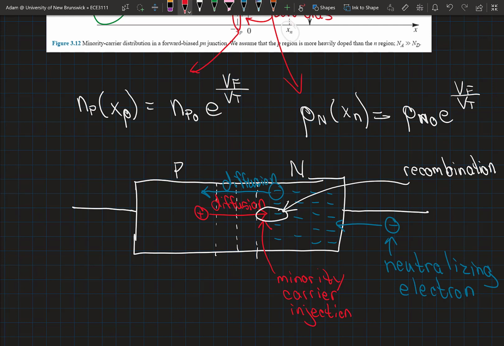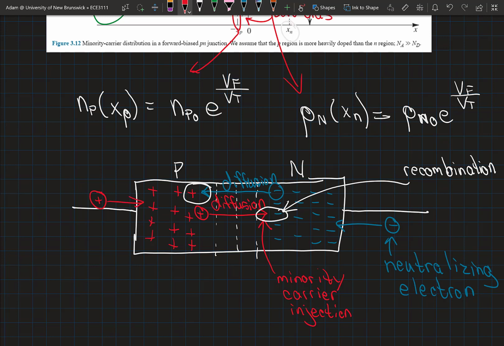They may find a positive or a majority carrier to combine with, and that recombination will result in a loss of positive charge in the P-type material, and that will need to get replaced from the external circuit.